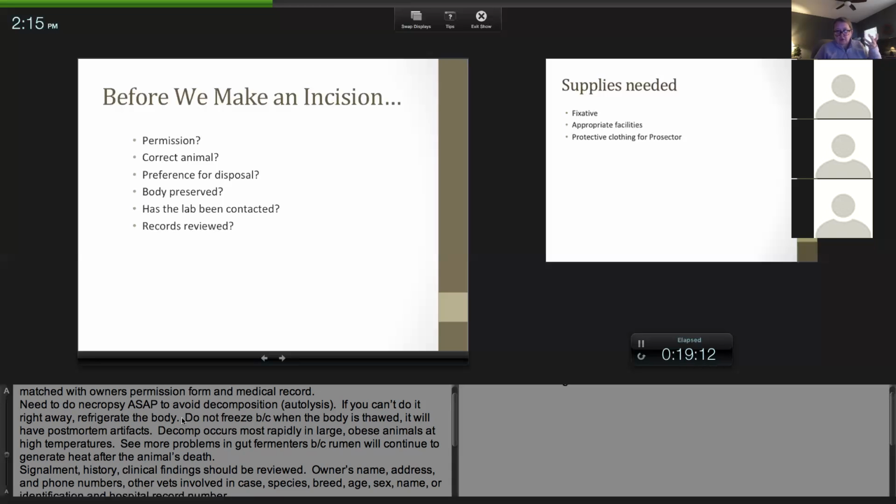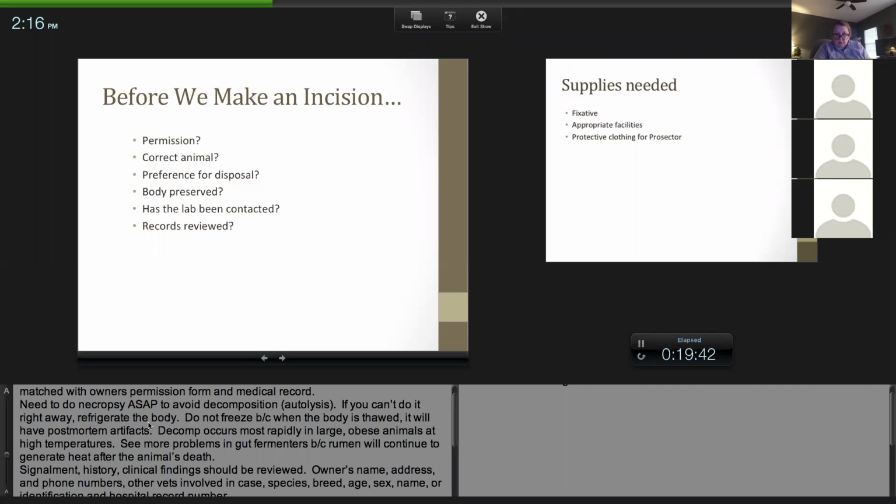So the most you could do is cut them open and say, oh yeah, they bloated, we saw their stomach twisted, or their spleen, or their heart is super enlarged, if you get what I'm saying. But normally, if an animal dies at home, they need to be refrigerated.